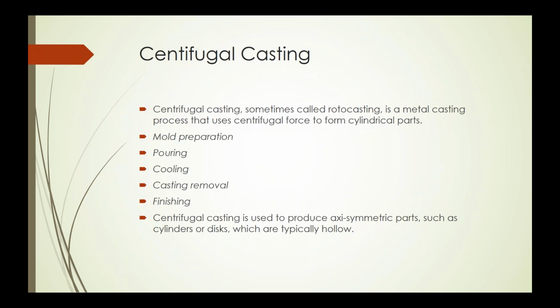Now, how this is done, you have the mold preparation. That is a permanent mold. The permanent mold is reused multiple times. You pour the metal in there and you're rotating the mold at a relatively high rate of speed. So the molten liquid is thrown to the outside or the wall of the casting chamber, if you will.